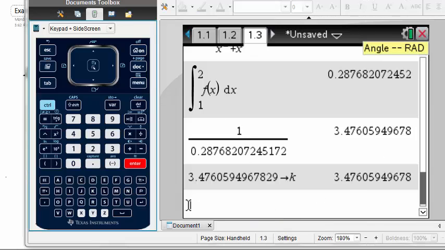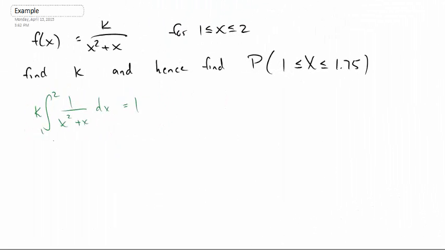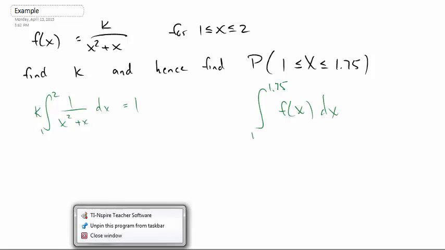And now that I have this, to find that probability from 1 to 1.75, what I need to do is the integral from 1 to 1.75 of f of x dx. And I'm going to do that in my GDC.